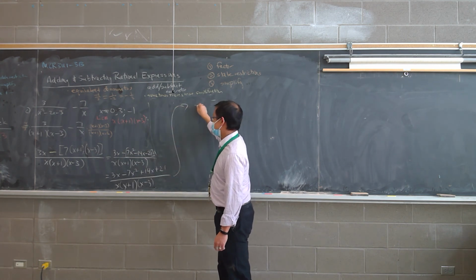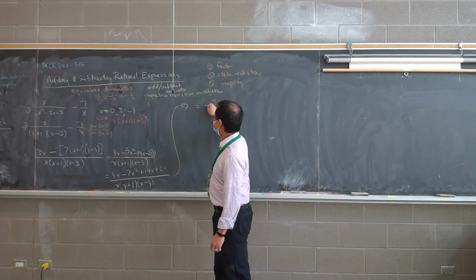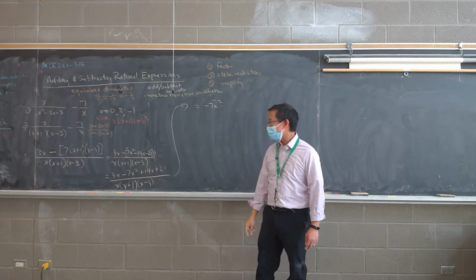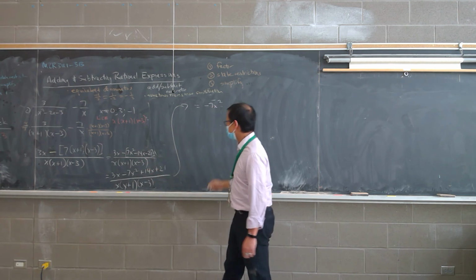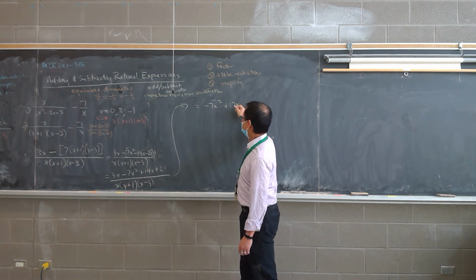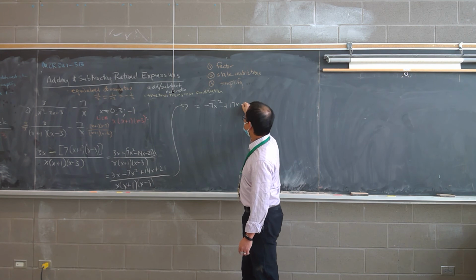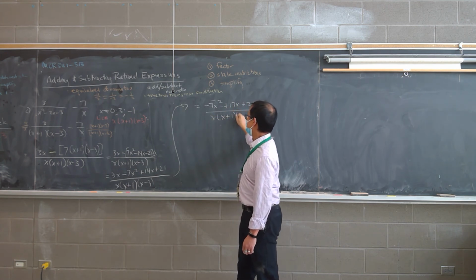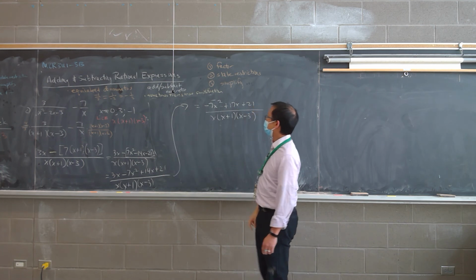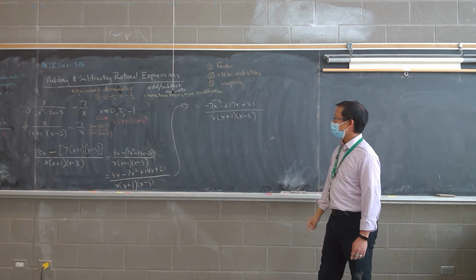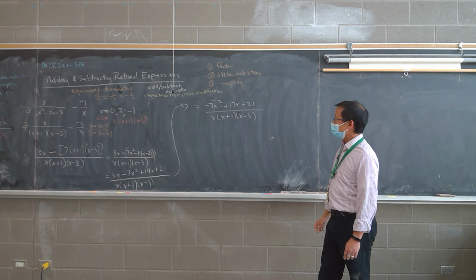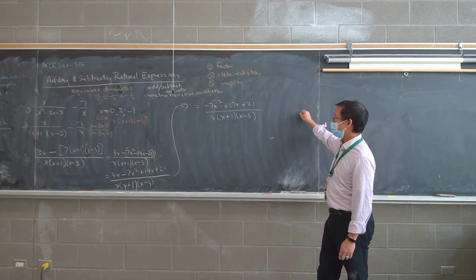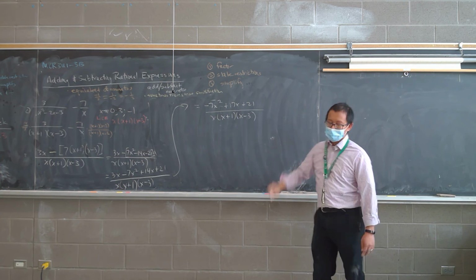So what do we got? Negative 7x squared, because normally most students write it in descending order. What's 3x plus 14x? That's 17x plus 21 over x times x plus 1 times x minus 3. And I'm pretty sure this is not factored. I think that's the answer. We're going to stop there.